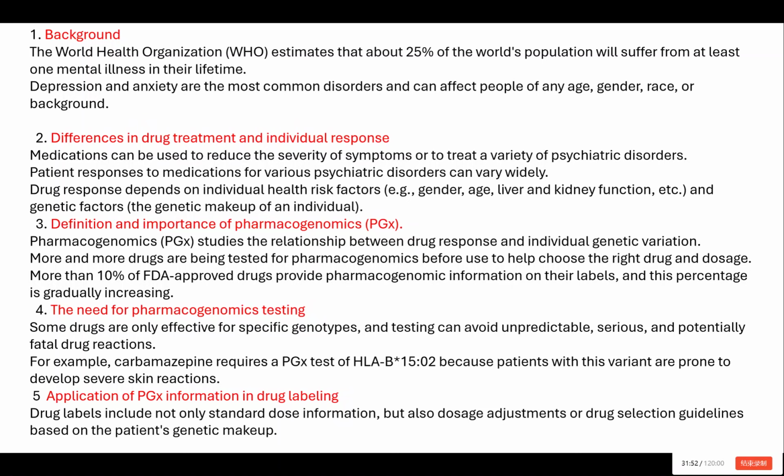Medicine can be used to reduce the symptoms of disorders, but patients' response to medications for various psychiatric disorders can vary widely. It depends on individual health and risk factors.